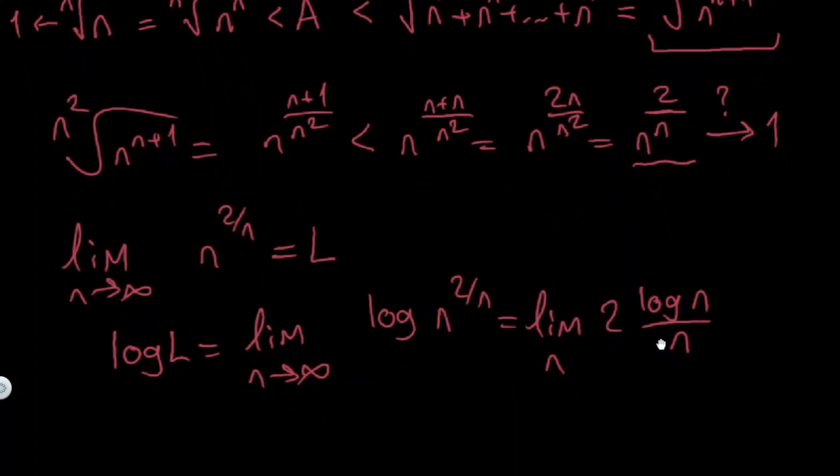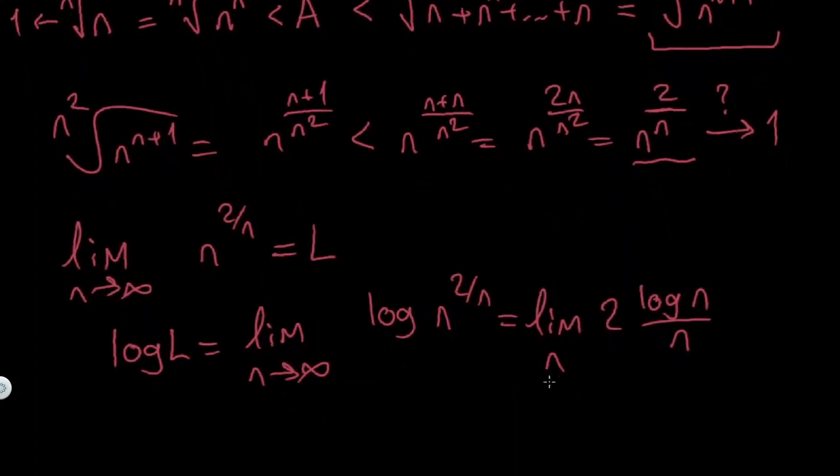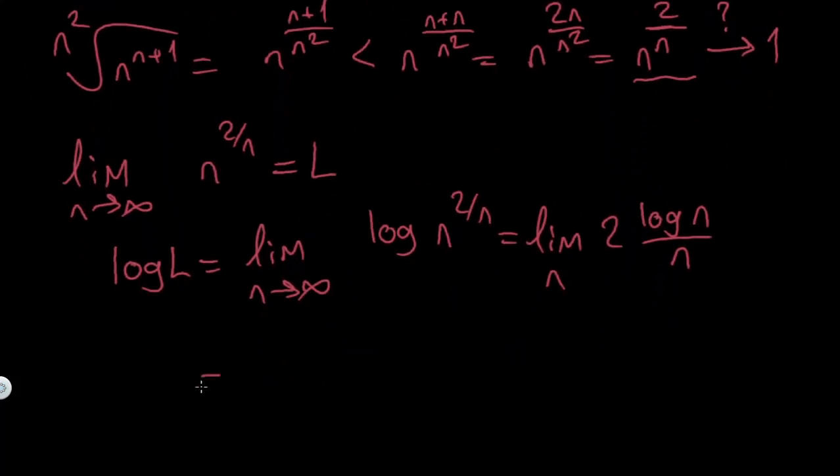Here I can actually use a trick. I used this trick before. Of course, you don't want to use L'Hopital. It's not fair to do on sequences. Actually, you can do it, but let's do it another way. I know an inequality that log x is less than or equal to x minus 1, which is less than x.